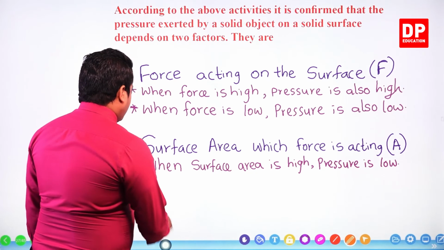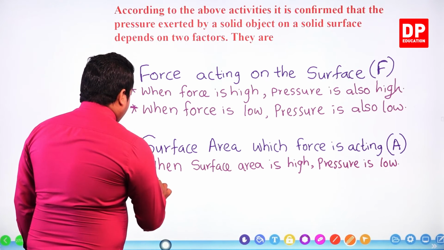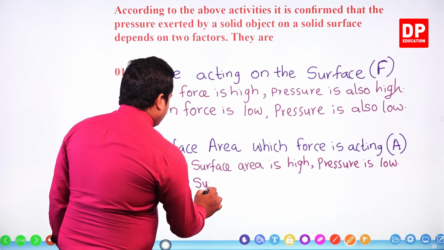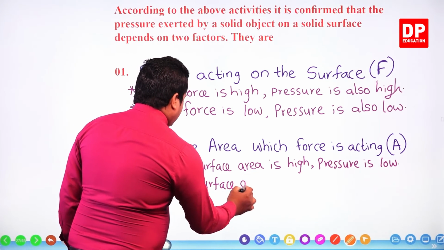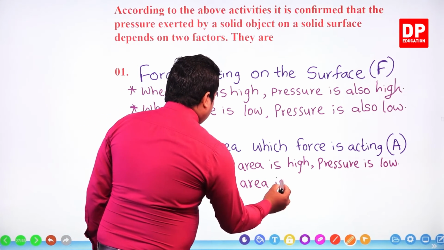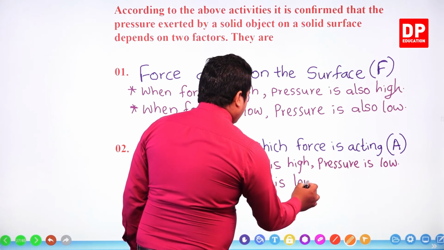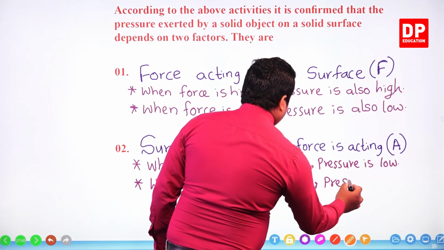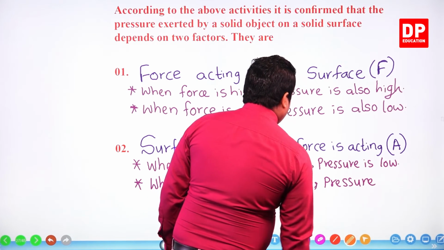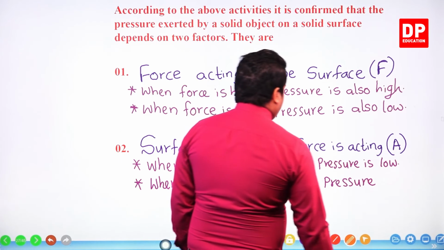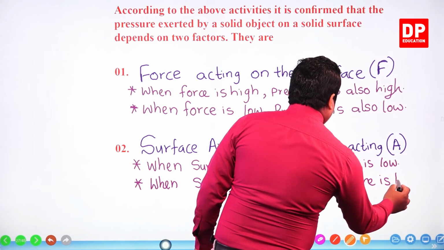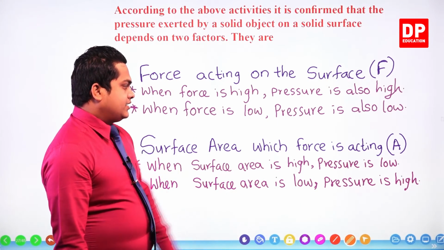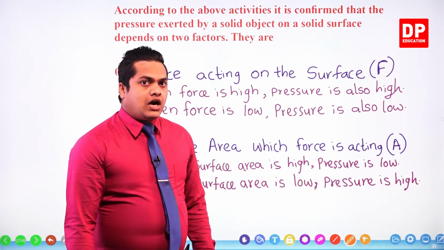Pressure is low. Then in the next step, when surface area is low, pressure, right? When surface area is low, pressure is high. When this is low, the other is going to increase, or it's going to be very high.